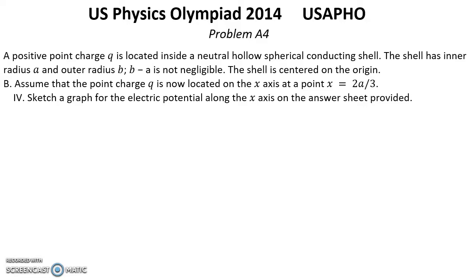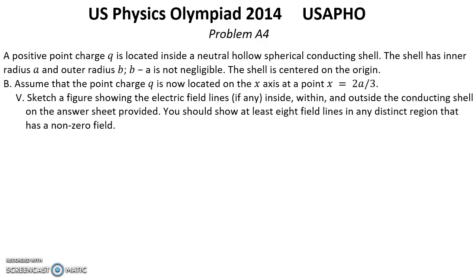So that's the main idea. And the graph for this potential will look like this. It's the same as for a point charge in the center of this sphere outside B, it's constant between A and B, and it looks like 1 over r inside this shell for x less than A.